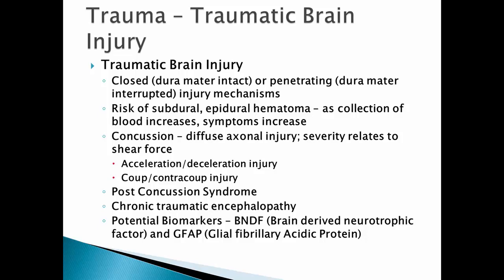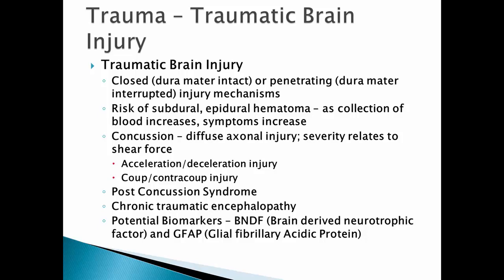Low levels of BNDF predicted failure to recover from a concussion syndrome. So as a result then, we're beginning to see whether or not we can use that to determine not only the existence, but also the severity of traumatic brain injury. And this is traumatic brain injury in general, not just a concussion, but all forms of traumatic brain injury.